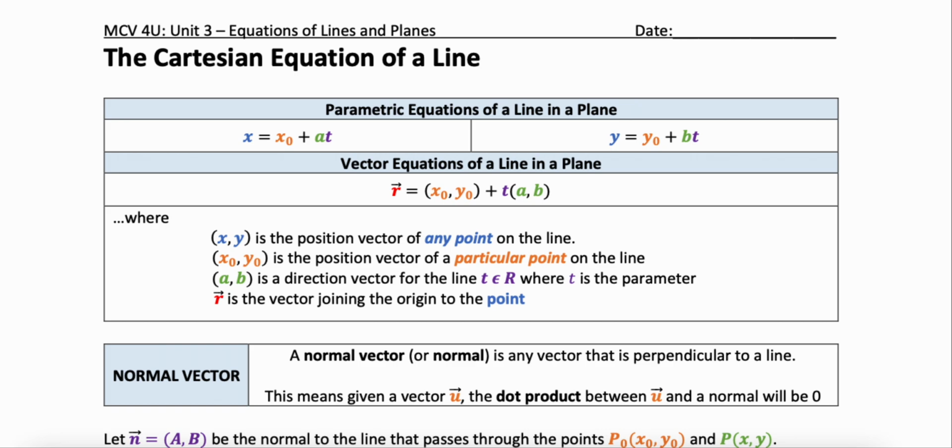Remember that x and y is just the position vector of any point on the line, and x0, y0 is the position vector of a particular point on the line.